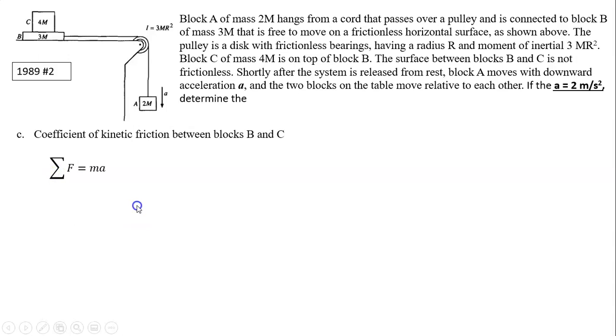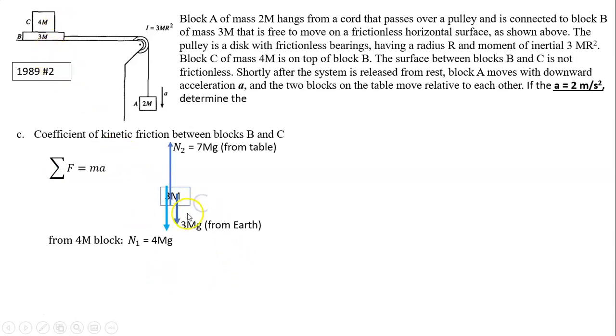So we need to investigate forces on 3m. In the vertical direction, we have a force from the table that's 7mg. Also, we have gravity from Earth, 3mg. Another force: 4m is pressing down on 3m, and that's also called a normal force. Normal force is between surfaces, perpendicular to the surface.